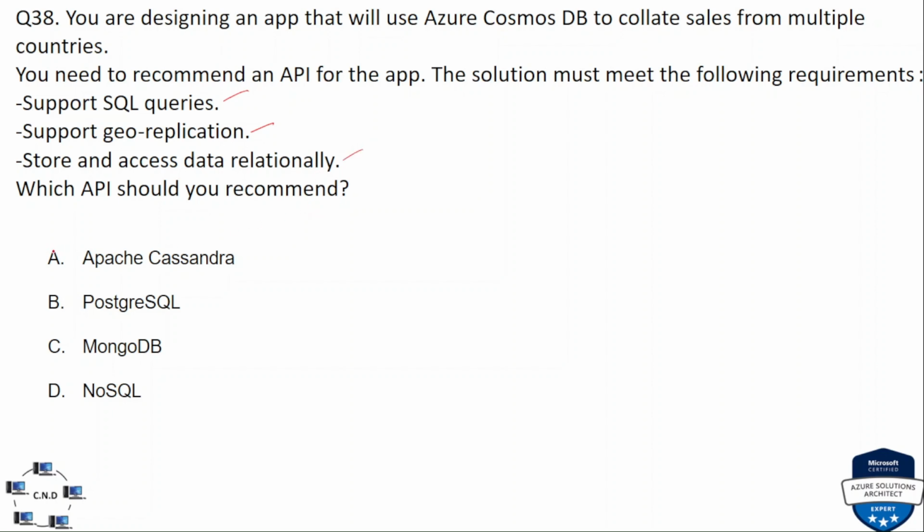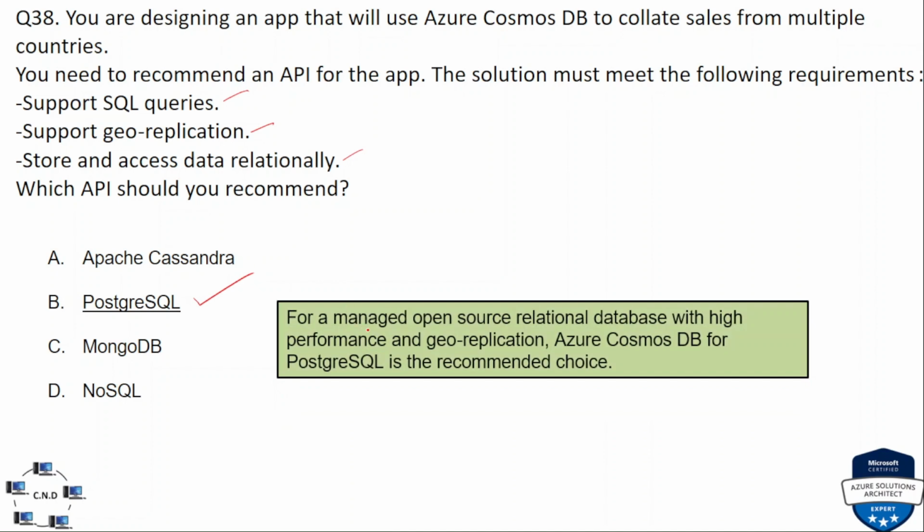The options are A, Apache Cassandra, B, PostgreSQL, C, MongoDB, and D, NoSQL. And the correct option is option B, PostgreSQL. For a managed open source relational database with high performance and geo-replication, Azure Cosmos DB for PostgreSQL is the recommended choice.